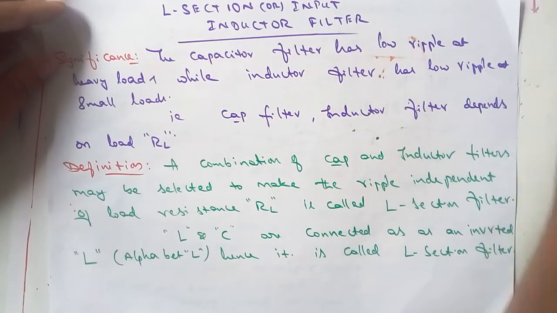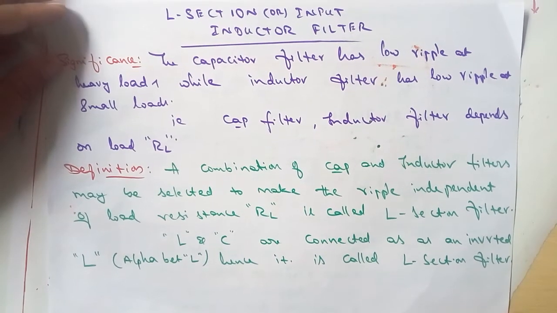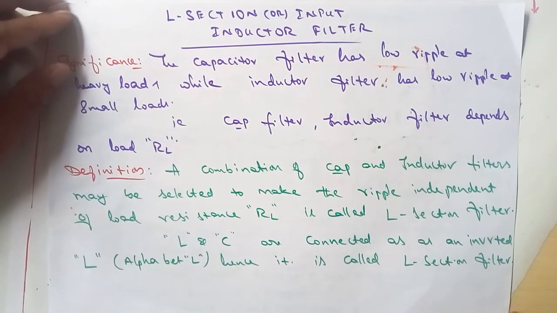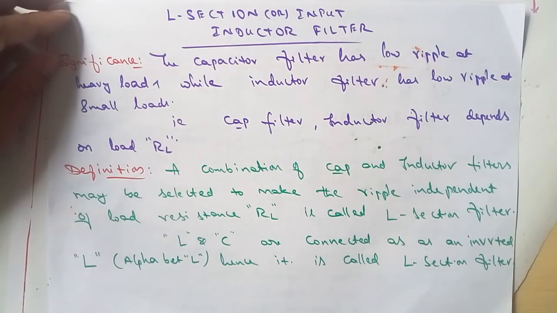Today we have to discuss the L section or input inductor filter. Already the inductor filter and parallel capacitor filter were both completed. Again I am telling what a filter means: a filter avoids the ripples. Ripples means the AC factor.